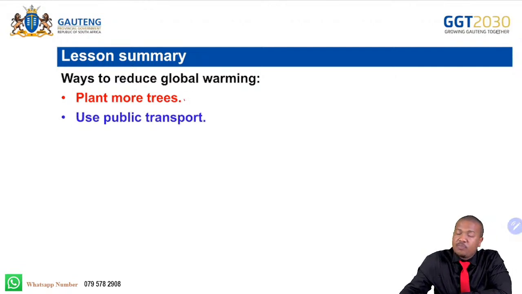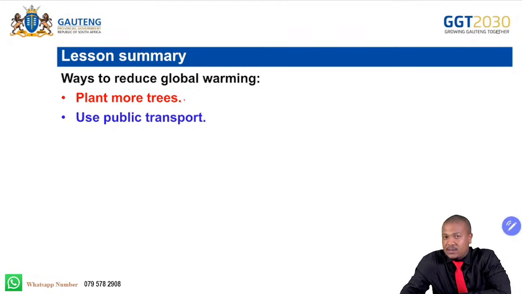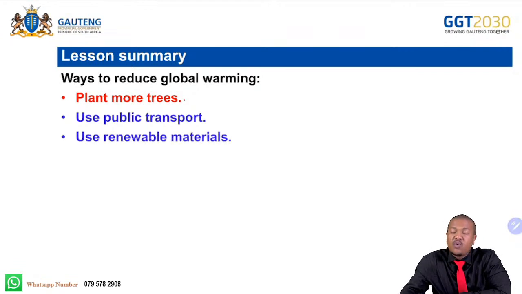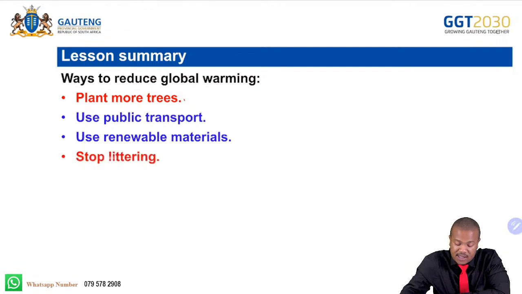Also, we can use public transport to reduce the number of cars on the road and as well as to reduce what? The carbon emissions from our cars, right? And also we can use renewable resources, as well as we can stop littering as one of the ways to reduce global warming, right?